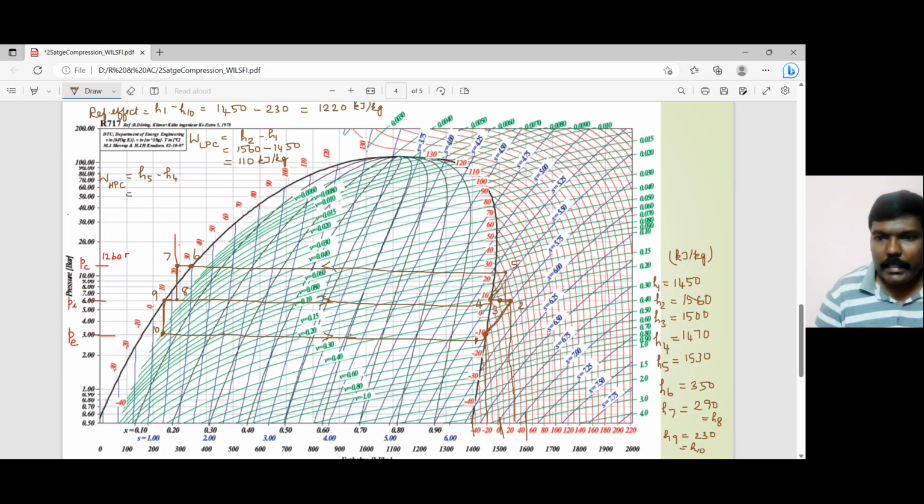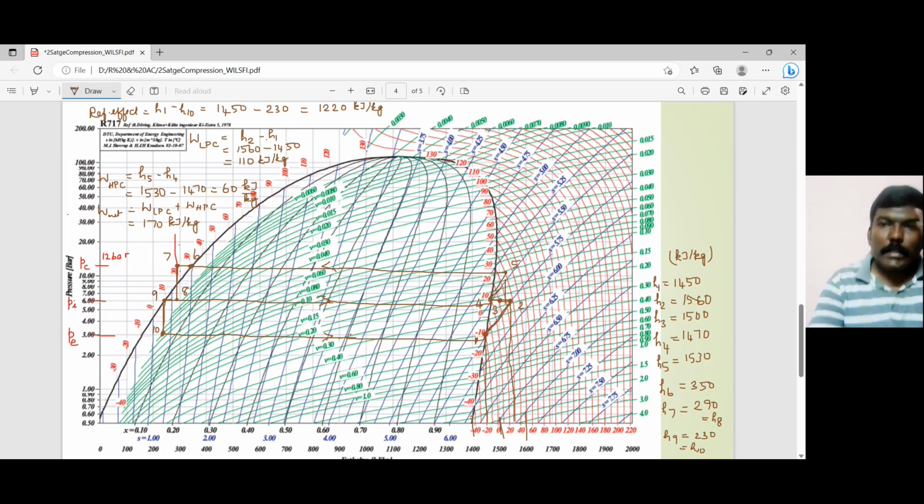H5 is 1530 and H4 is 1470. That is 60 kilojoule per kilogram. So W net would be WLPC plus WHPC, and that happens to be 170 kilojoule per kilogram.